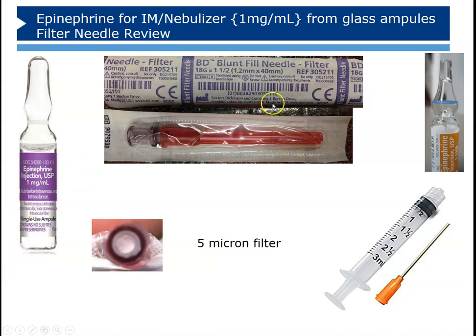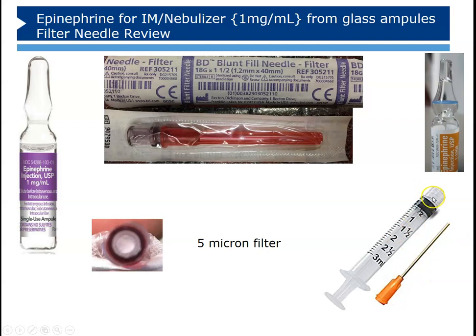Now, these are just real quick pictures of a 5 micron filter blunt fill needle here. They look like this, and this is what it looks like down the barrel. There's a small filter that will filter out anything 5 microns and larger when you draw this in.